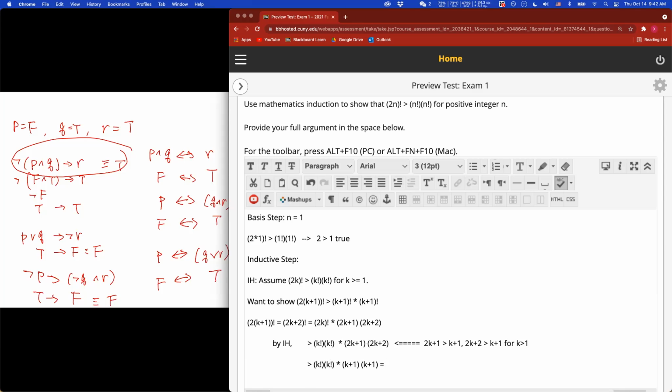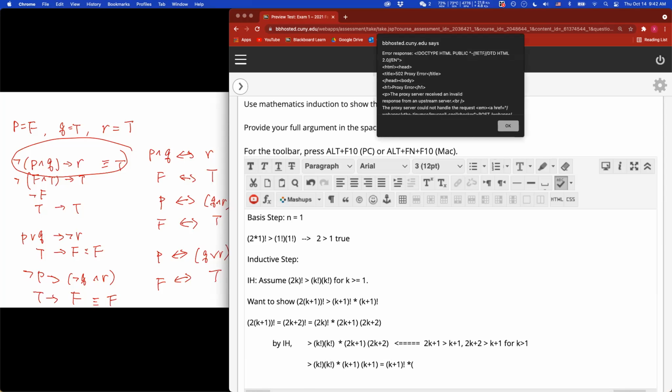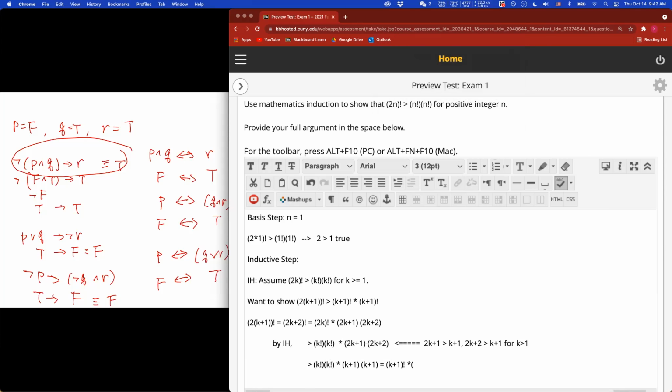So that will give you k plus 1 factorial times k plus 1 factorial. Right, so we show that 2 times k plus 1 factorial will be greater than k plus 1 factorial times k plus 1 factorial. And that's what we're trying to prove here. Any questions here?